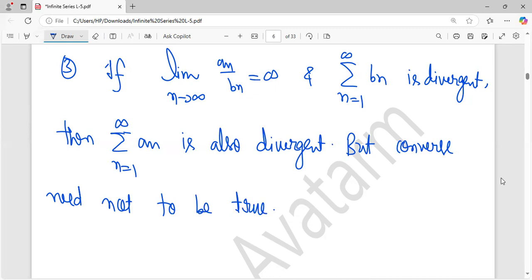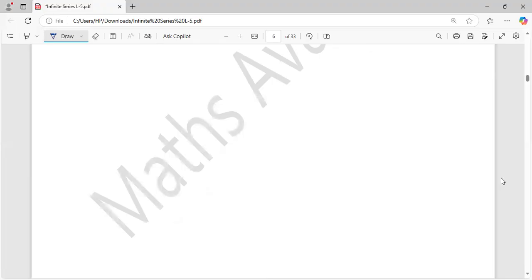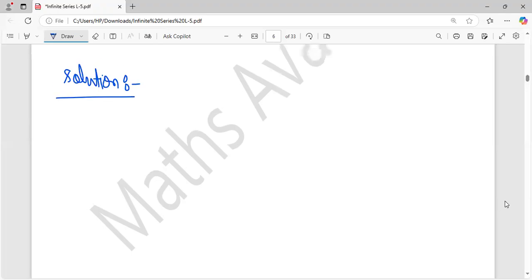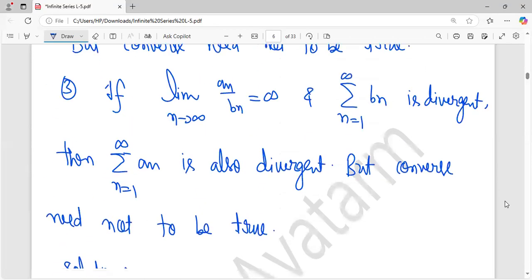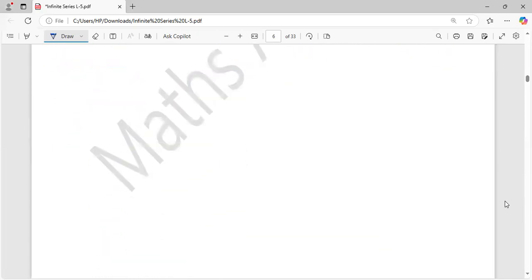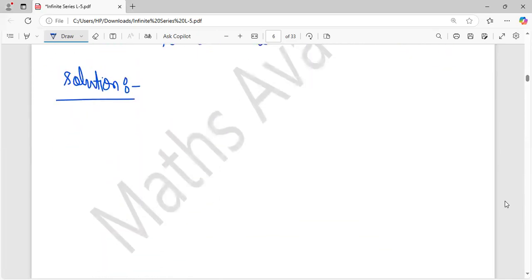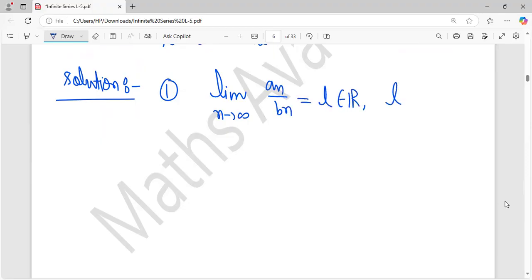Now let's see its proof. Proof of the first part. We will prove the first part. Now limit n tending to infinity a_n upon b_n is L, which belongs to the real numbers, and L is non-zero.